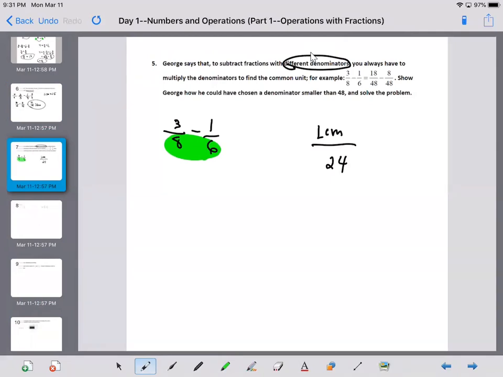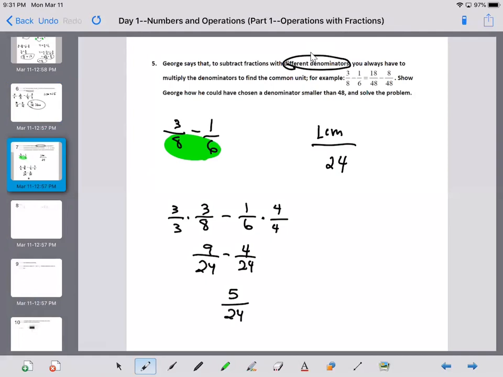So if we get 3/8, and if I multiplied by 3/3 and 4/4, that would give me 9/24 and 4/24, which would subtract to get 5/24.